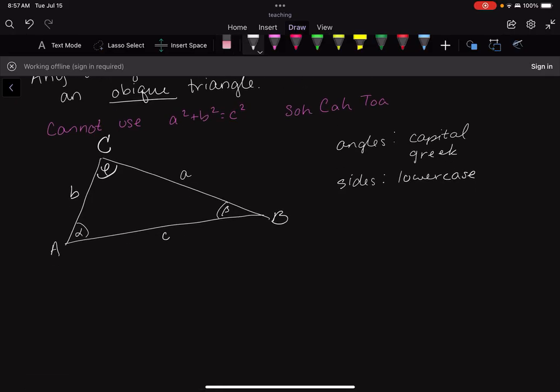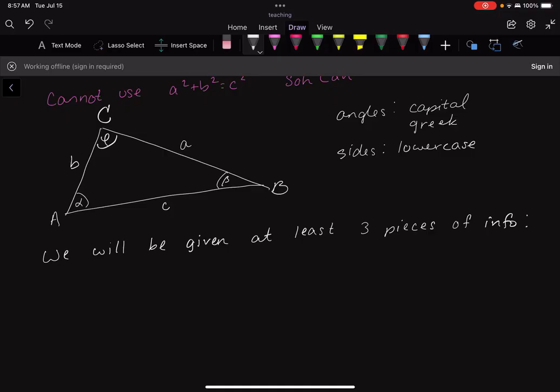Now there are some different ways that we can classify triangles based on what we are given. We will be given at least 3 pieces of information about the triangle.